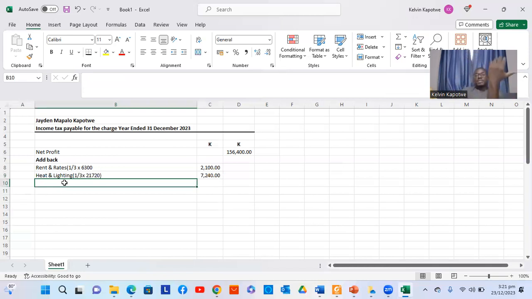Then we have motor car expenses. We've been told that 1/7 relates to private use. If it relates to private use, the 1/7 has to be disallowed.